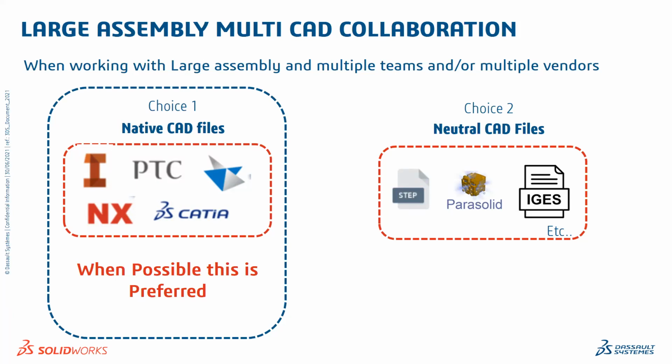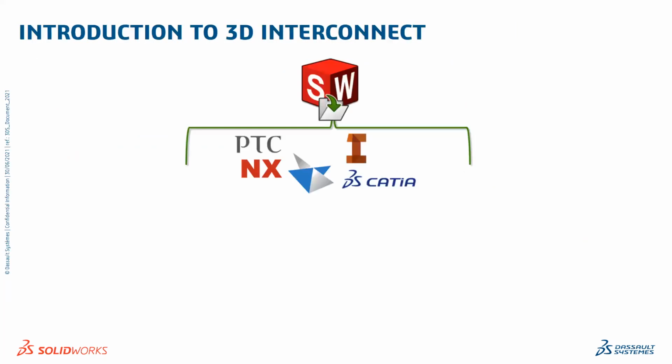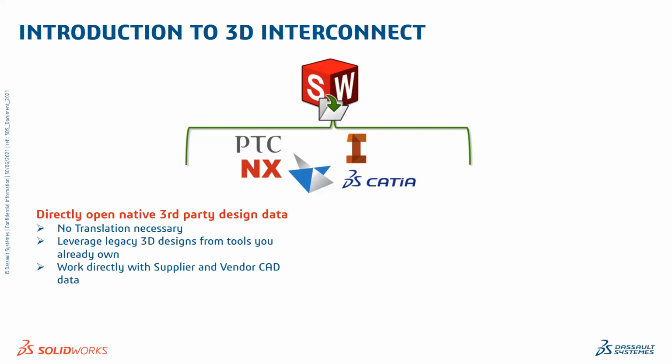So when possible, native CAD files are always preferred because in SolidWorks, we have a tool called 3D Interconnect. This tool can directly open native CAD files in SolidWorks. Any third-party CAD models, we can directly open in SolidWorks.